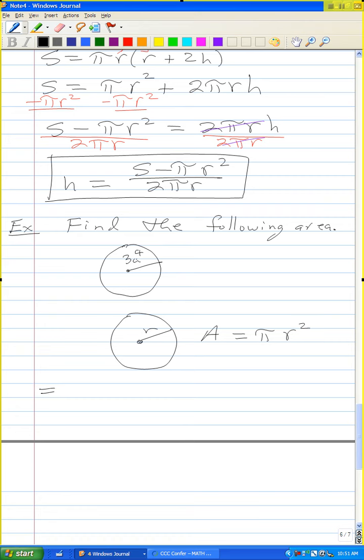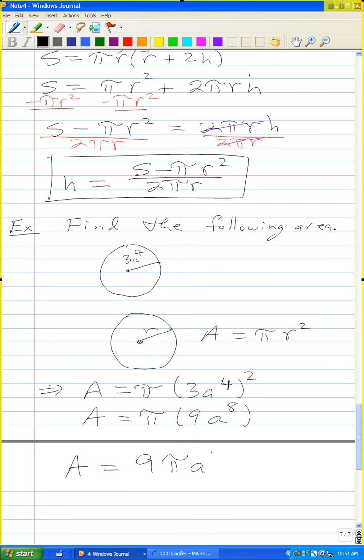So therefore, the area is pi times 3a to the fourth, squared. 3 squared is 9. a squared squared, well, 4 times 2 is 8. Therefore, the area is 9 pi a to the 8. And that is your answer.